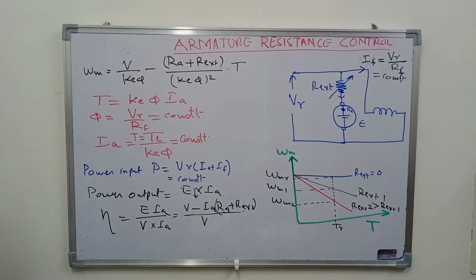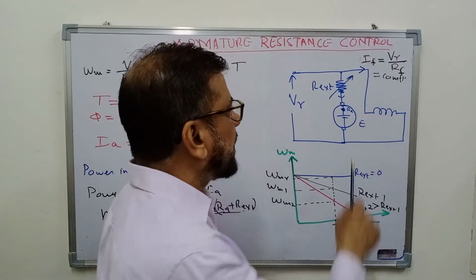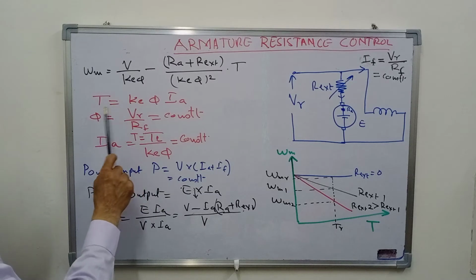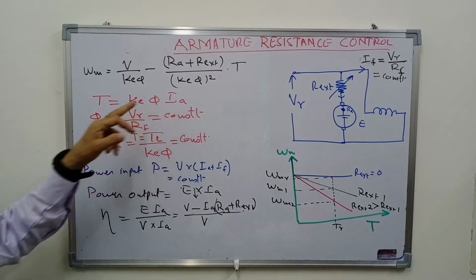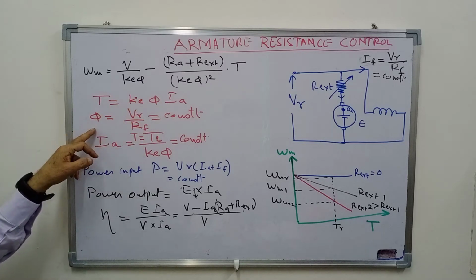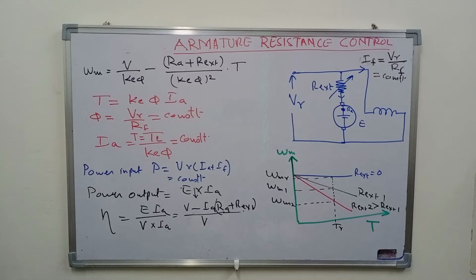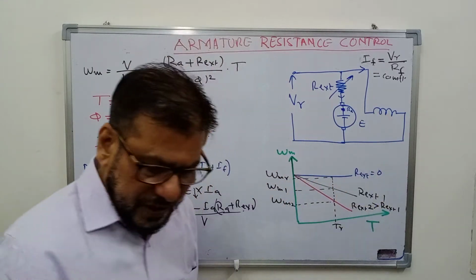Now let us see what will be the various currents here. The torque is given by Ke phi into Ia. So phi you can write as, and phi depends on what? Phi depends on the current drawn by this field winding.